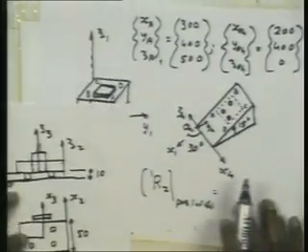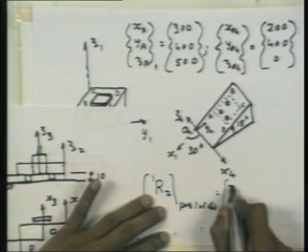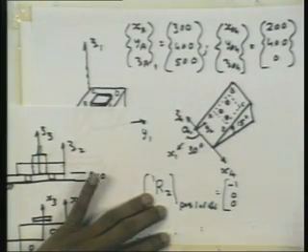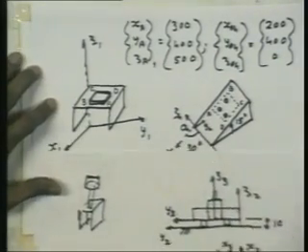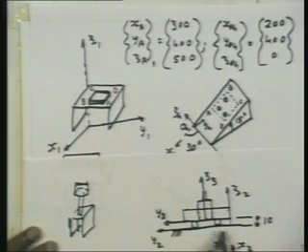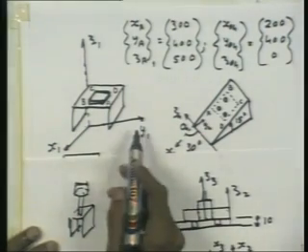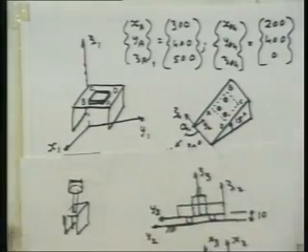So this first column would be -1, 0, 0. Fine. Similarly, if you look at y2 in this direction and y1 in this direction, they are parallel but in opposite directions.